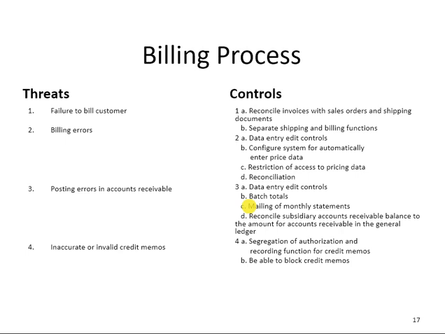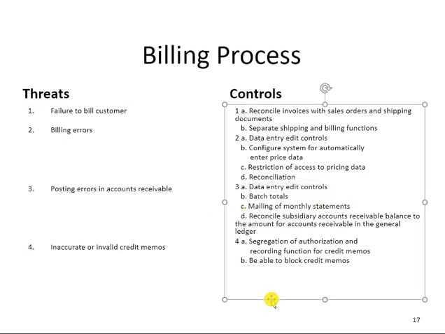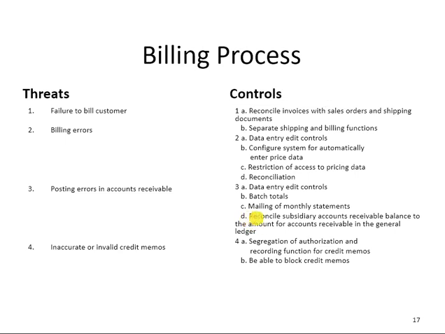And mailing monthly statements to customers is also a good control. In traditional accounting, the reconciliation of the subsidiary accounts receivable to the amount for accounts receivable in the general ledger can be a good control.